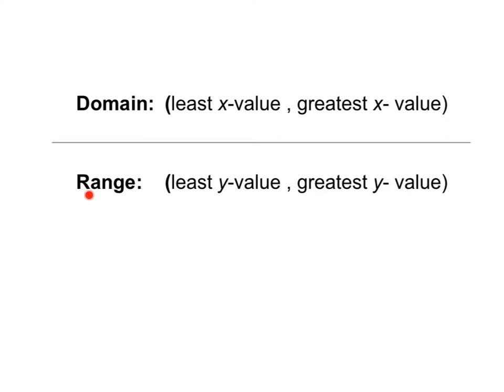The same thing with the range: the least y value would be on the left, then a comma, and then the greatest y value. This is the way you'll see it written when you're reading it from a graph. So let's look at an example.